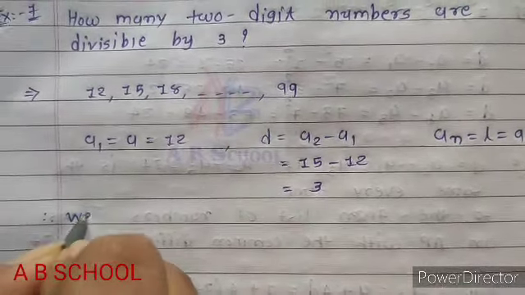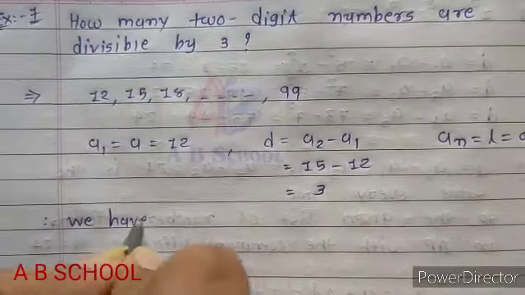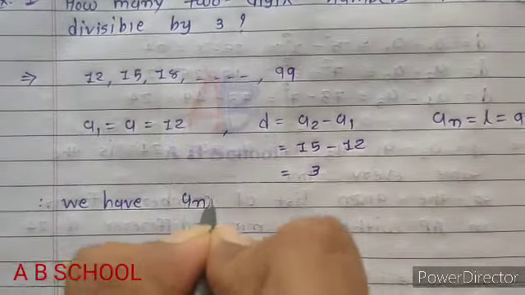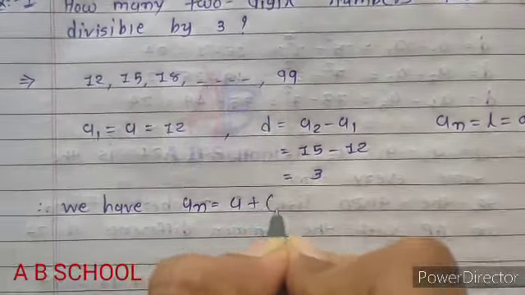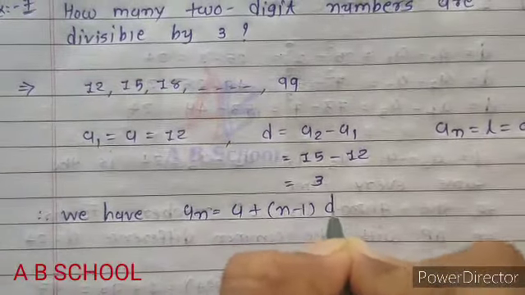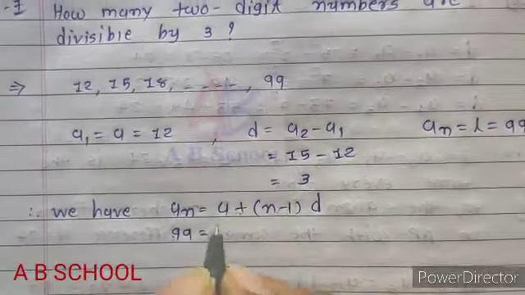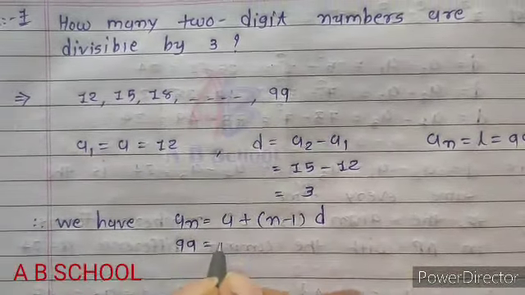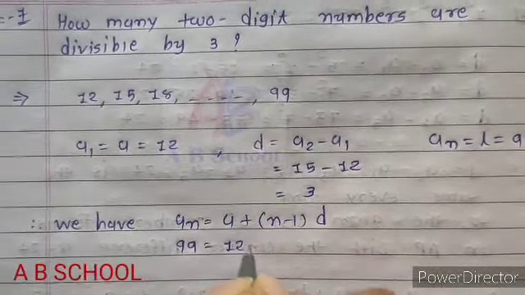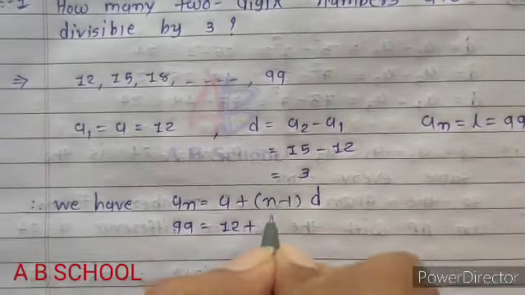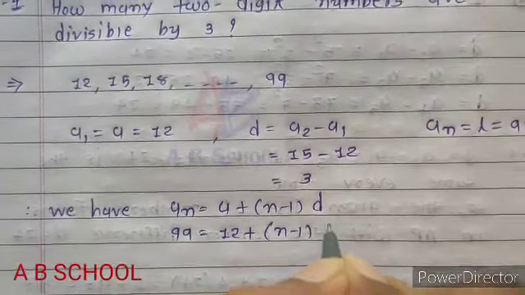So we have the general form of AP: an is equal to a plus n minus 1 into d. The value of the last term an is 99, and the first term a of the AP is 12. We have to find n.